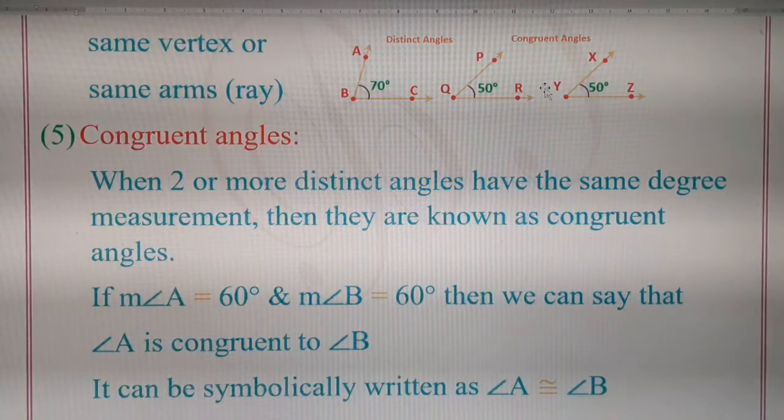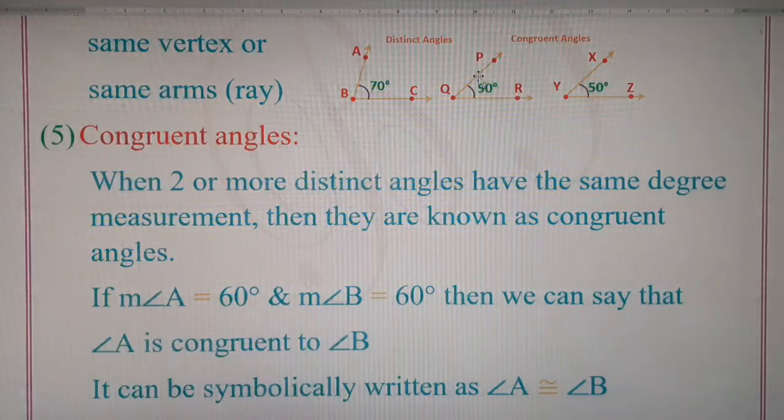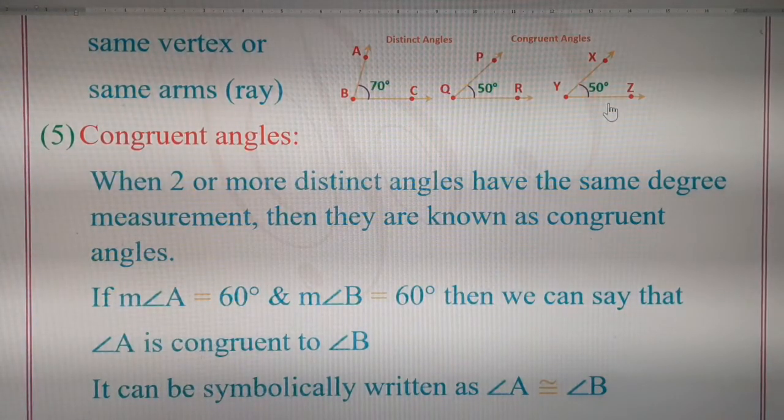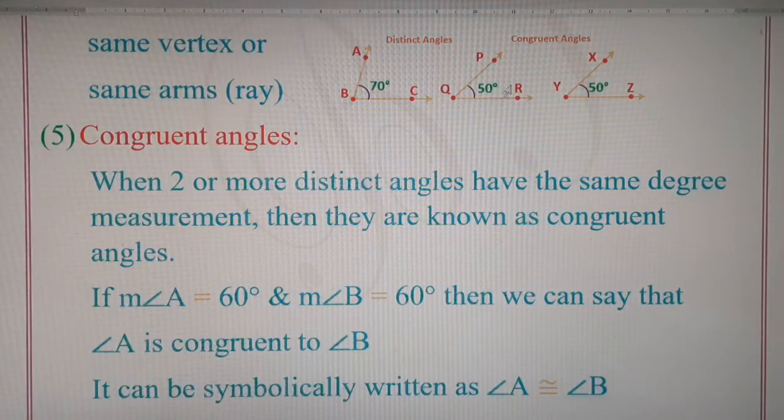For example, angle PQR has an angle measure of 50 degree. Angle XYZ has an angle measurement of 50 degree. Both these angles are different angles. They are distinct angles. Yet their degree measurement is same, 50 degree. So we can say angle PQR and angle XYZ are congruent angles.